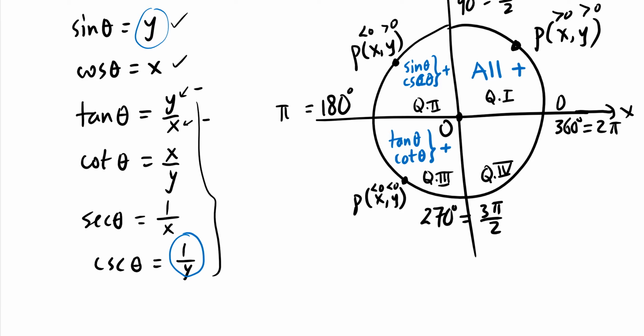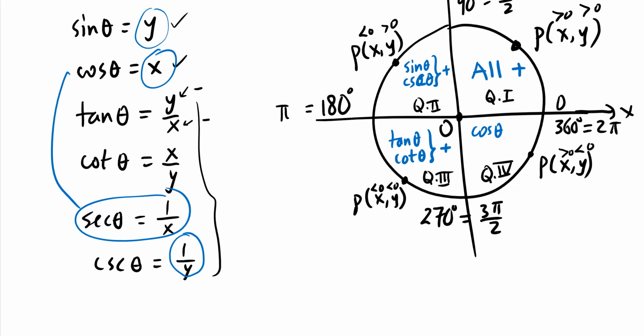In the last quadrant, quadrant 4, if you pick a point x, y, x is positive, y is negative. So cosine is positive, and secant corresponds to it, so secant is also positive.